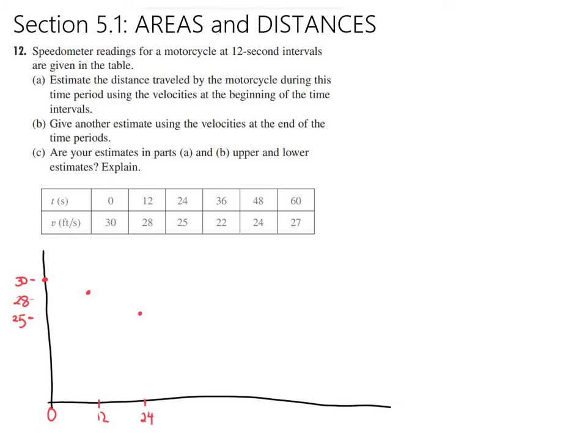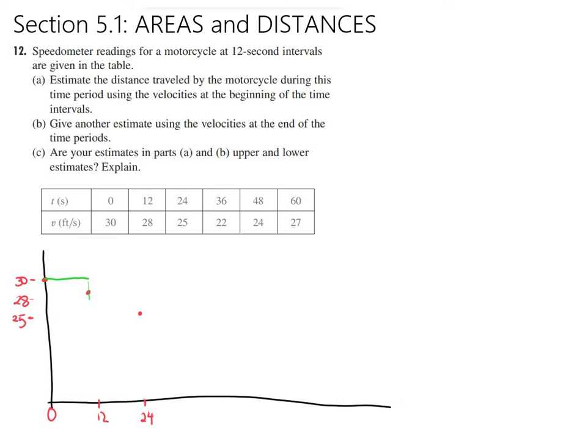So the first time interval is from 0 to 12 seconds. And if we're going to use the velocity at the beginning, we're going to assume for those first 12 seconds that it's going 30 feet per second. So we'll assume the velocity has been that the whole time.